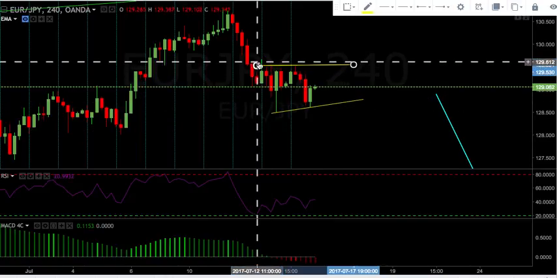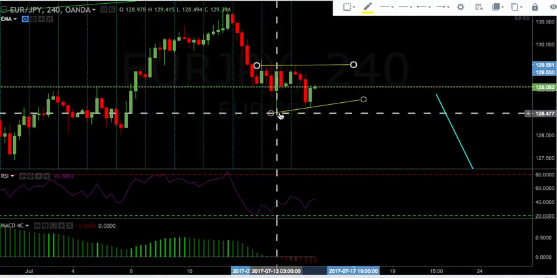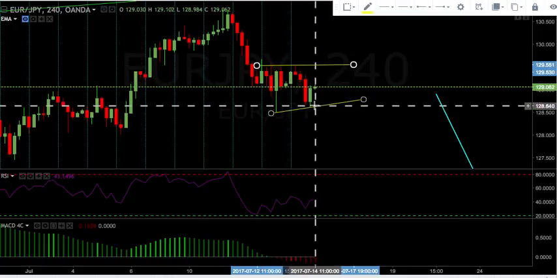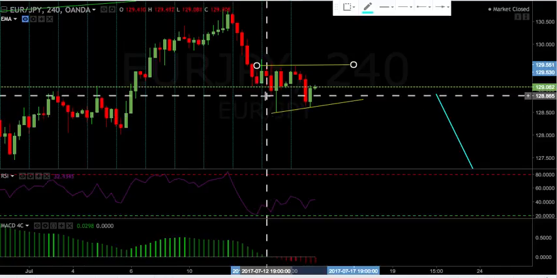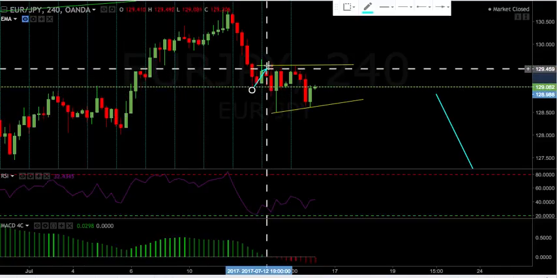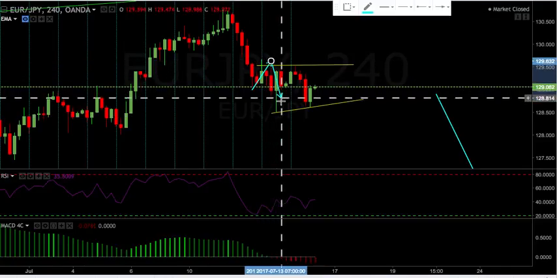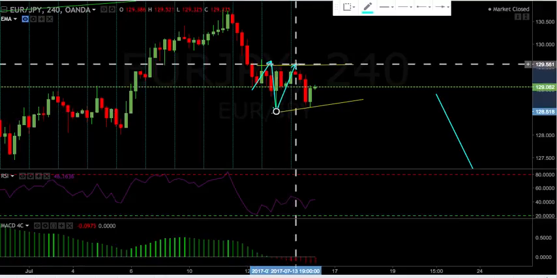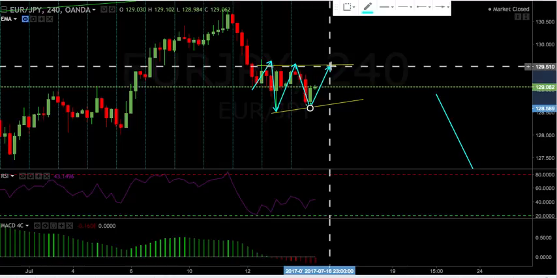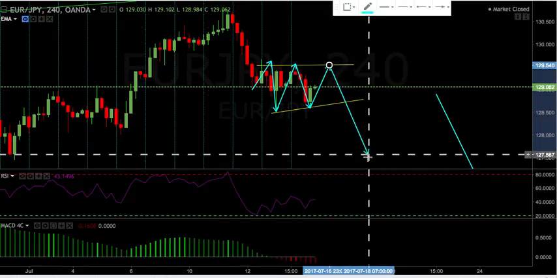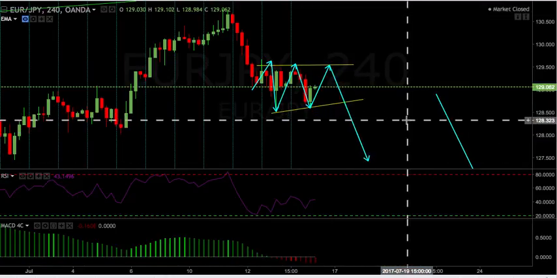So right now we have 1, 2, 3, 4 waves. Sometimes these waves can be a little tricky to see, but this is how I see it. That's 1, that's 2, that's 3, that's 4, and then I'd be looking for a 5th before price breaks down. And it's that simple.